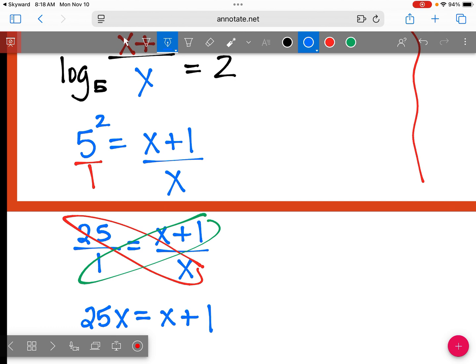So what would I do next to solve it for x? Subtract the x.